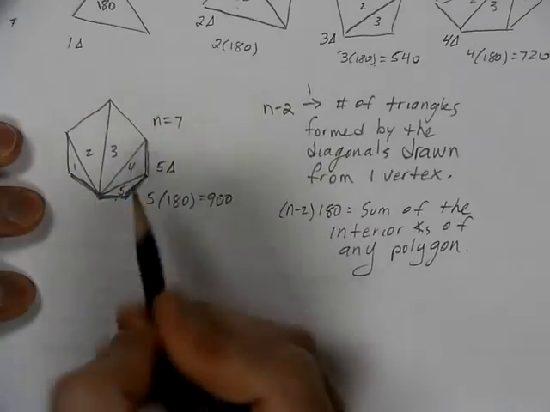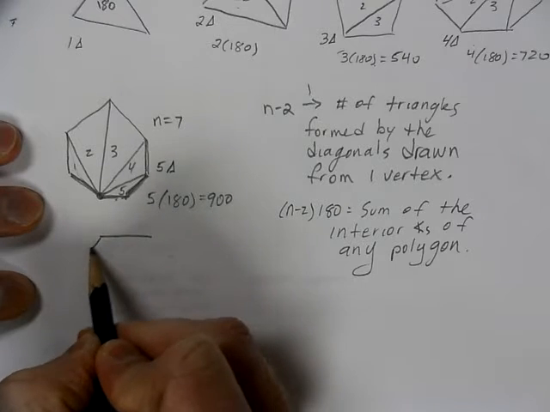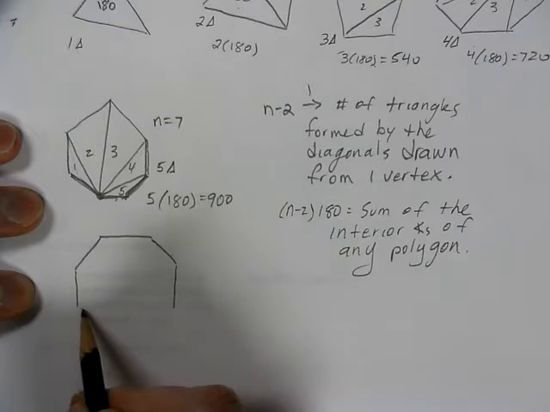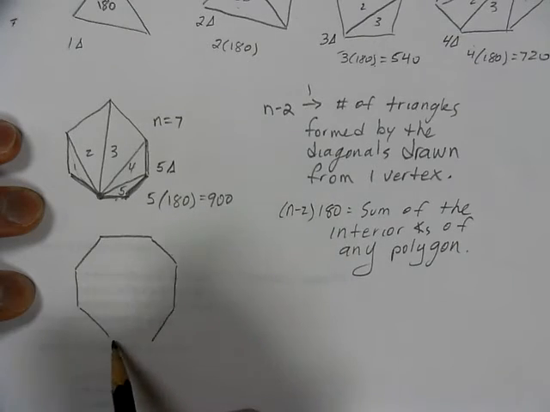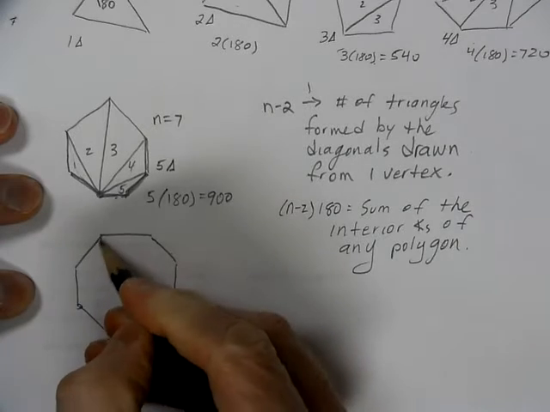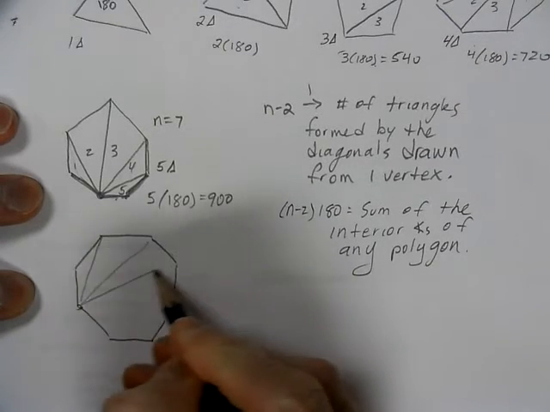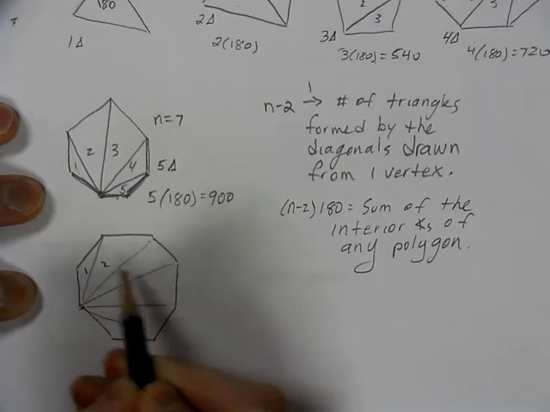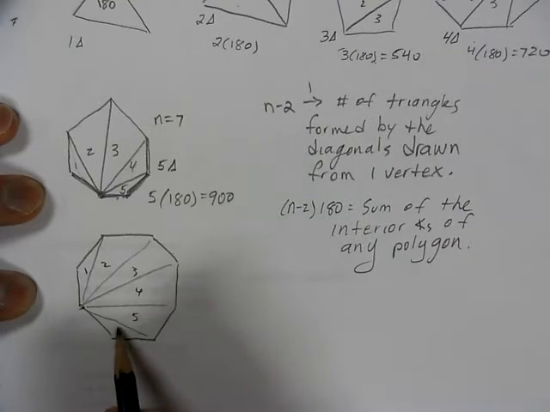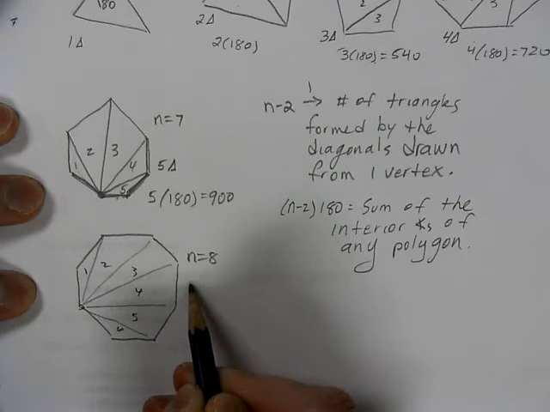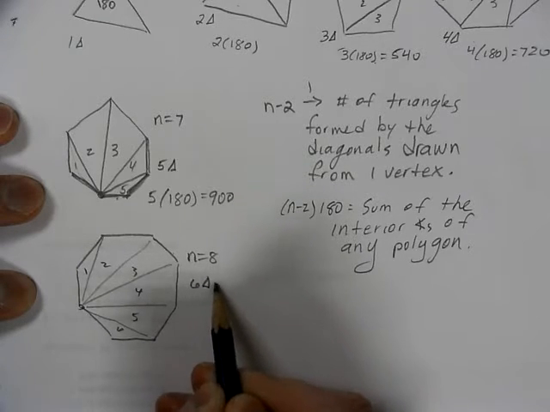Well, if we do an 8-sided shape, and we draw in our diagonals, we can count them if we wish, but we know that an 8-sided is going to be 6 triangles.